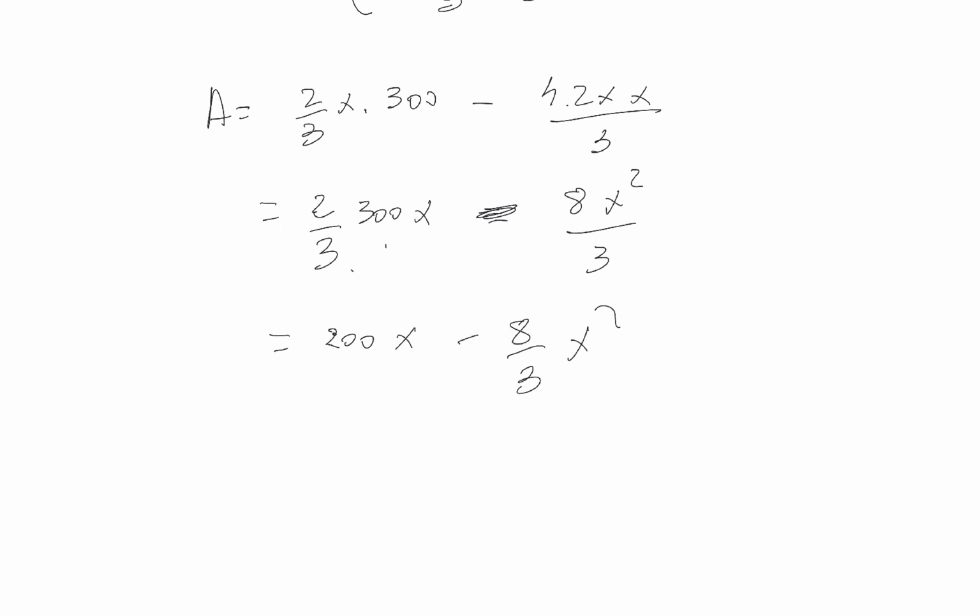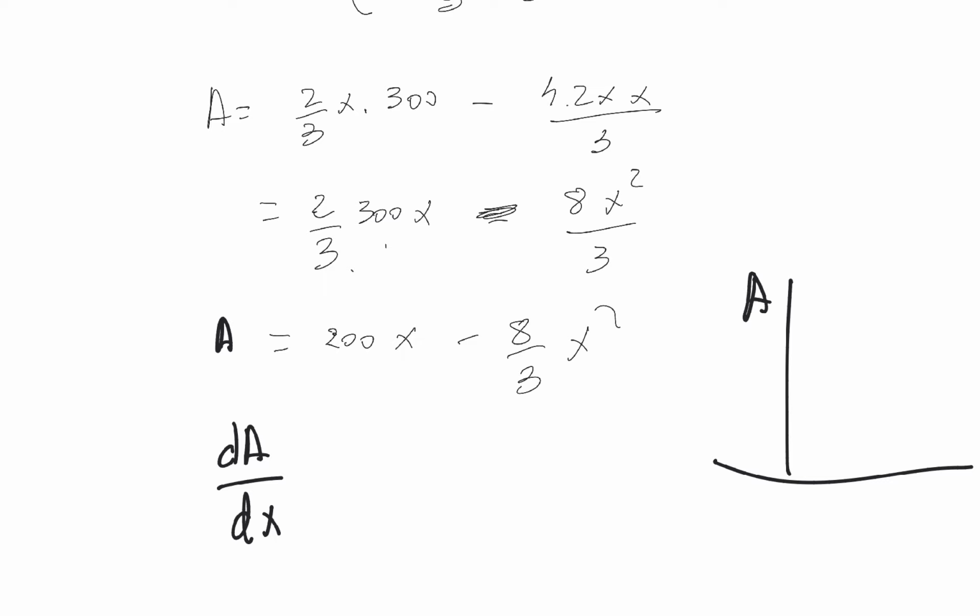So this is the area, and I want to maximize the area. So what should I do? To maximize the area, I take the derivative of A with respect to x. So the area A will vary with respect to x. If you have more x, the area will be like this. So I want to find this particular x when the slope is 0. I want to find the maximum of the area.